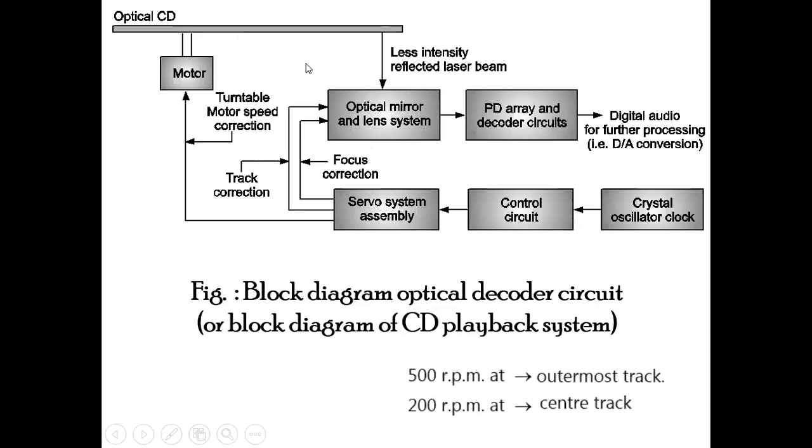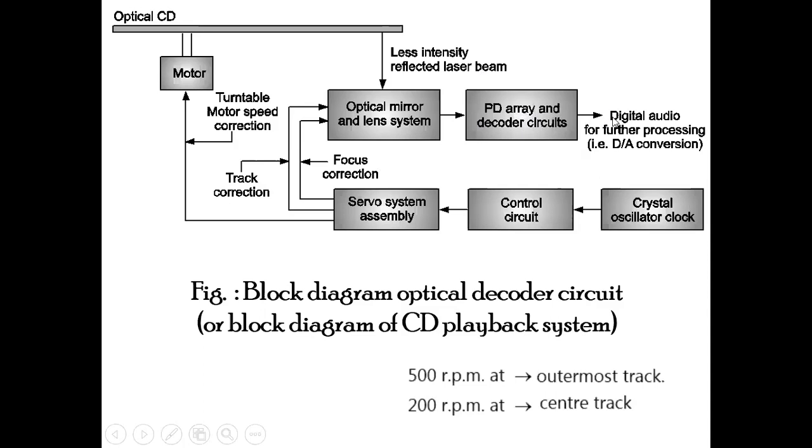And accordingly, whenever you select the different tracks, the servo assembly, maybe on the inner side, maybe accessing the inner track of the CD or DVD, and it is moving towards the outer track of that CD or DVD. And after that, this optical information is taken and converted into equivalent electrical signal with the help of photodiode array. 4 to 5 different photodiodes are used to convert this optical or laser reflected light from those pits and lands into equivalent electrical signal with the help of photodiode array assembly.